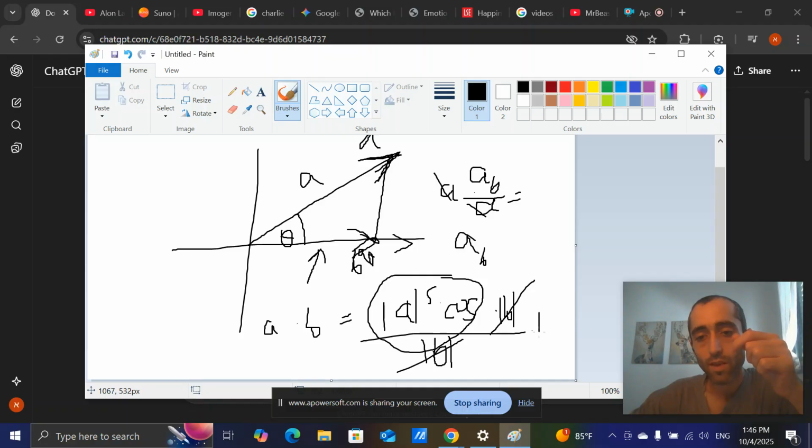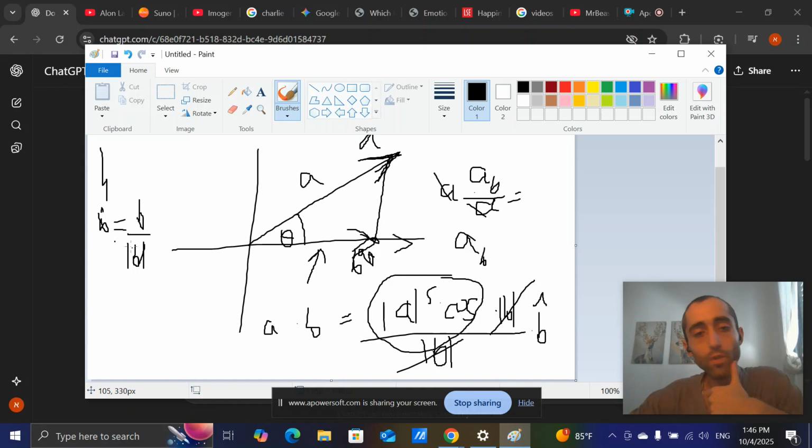So let's give it here a unit vector in the direction of B. But what is this unit vector in the direction of B? Let me write it here. So what it is, it's the vector B divided by the norm of B, right? This is the definition for a unit direction vector.